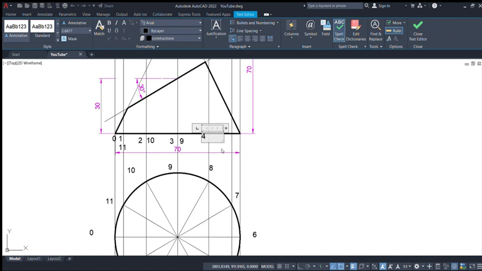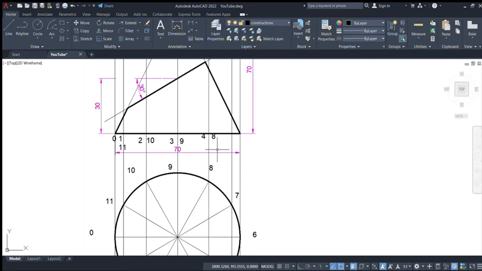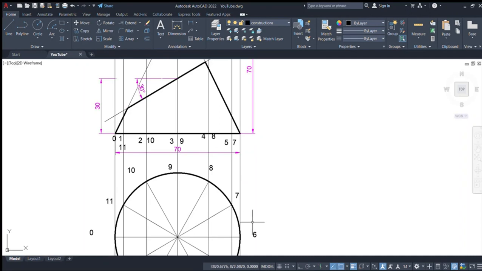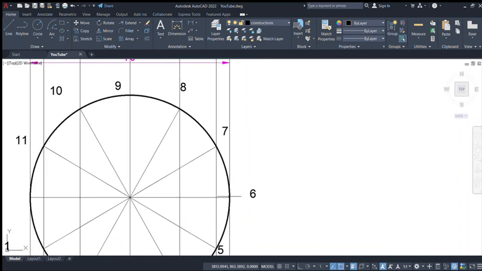So this is 4 and point 8, then 7, and then finally the last point here, which is point 6.